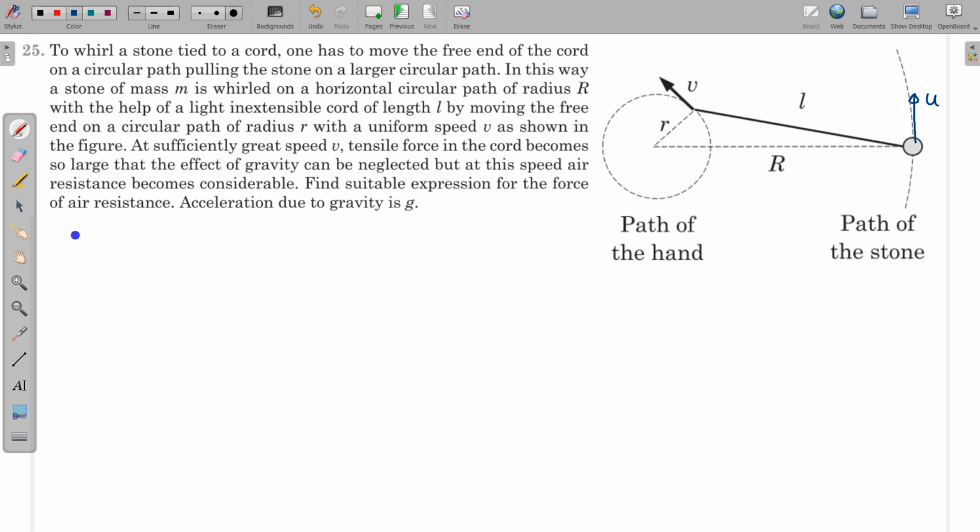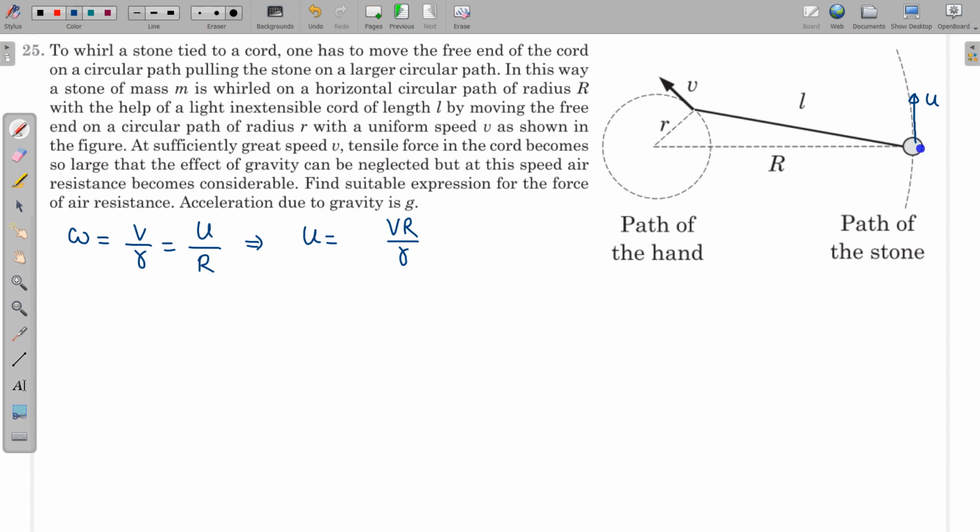The angular velocity of the hand is v by small r, and for this stone it is simply u by capital R. From here we can find u in terms of the given parameters: v capital R upon small r. So this is the velocity of this particle.